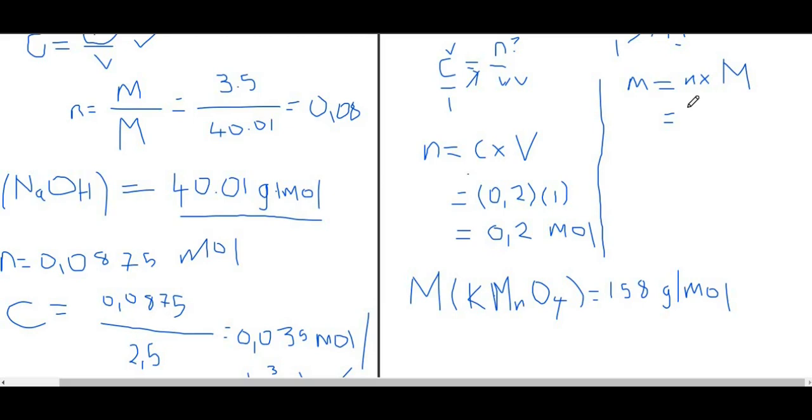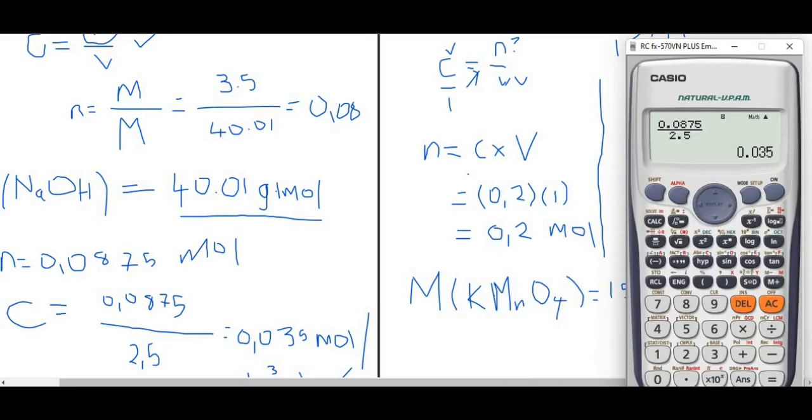So my mass is going to be the number of moles, which is 0.2 multiplied by the molar mass, which is given as 158. So 158. If you put that in your calculator, you will get a value.